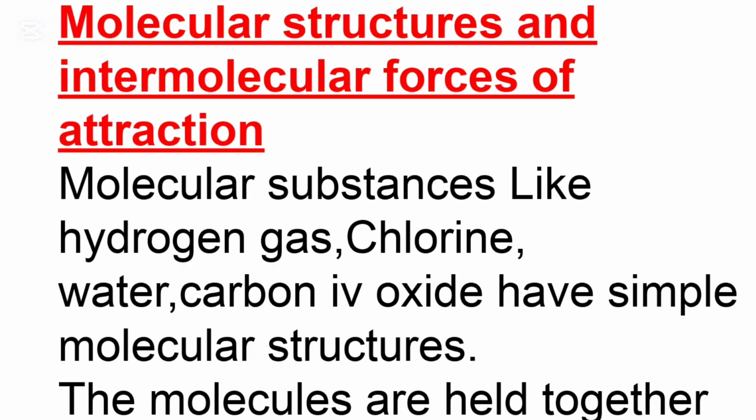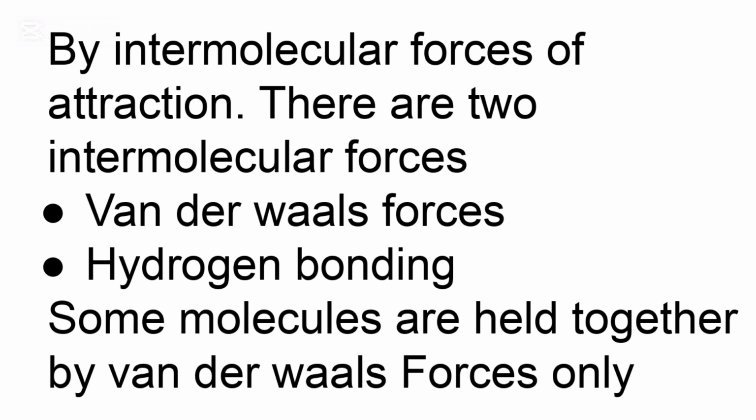Molecular structures and intermolecular forces of attraction. Now, molecular structures like hydrogen, chlorine, water, carbon dioxide have simple molecular structures. The molecules are held together by intermolecular forces of attraction.